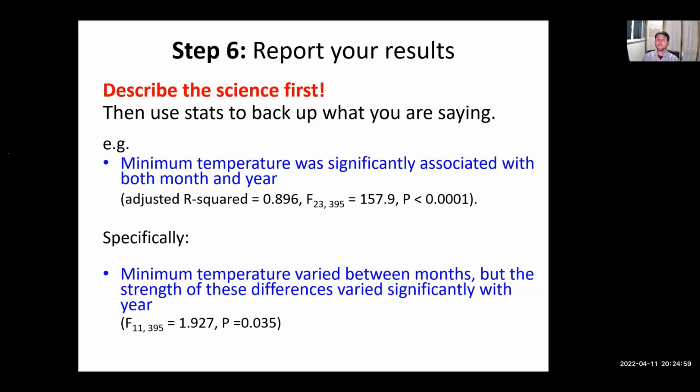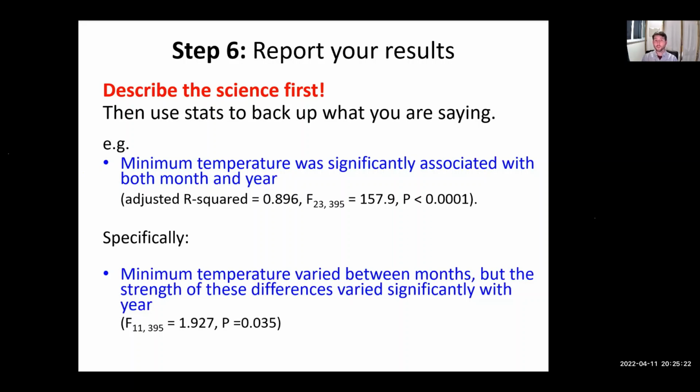So how would we actually report these? Well, the initial questions are the same. So minimum temperature was significantly associated with both in year. However, more specifically, the minimum temperature varied between months, but the relationship and the strength of these differences varied significantly with year.